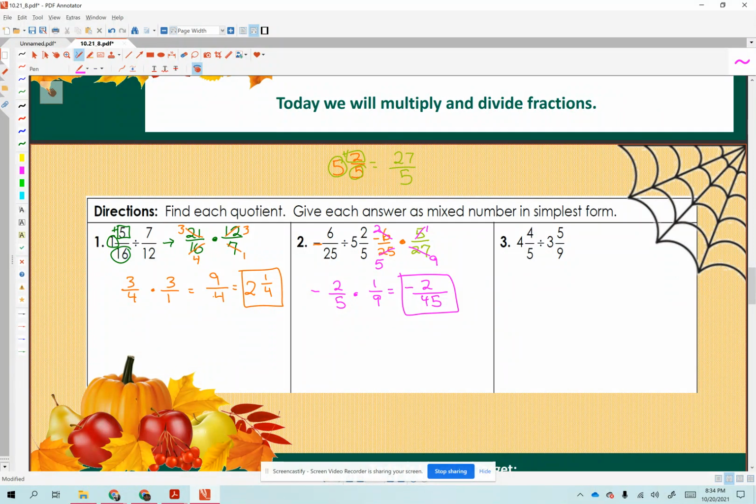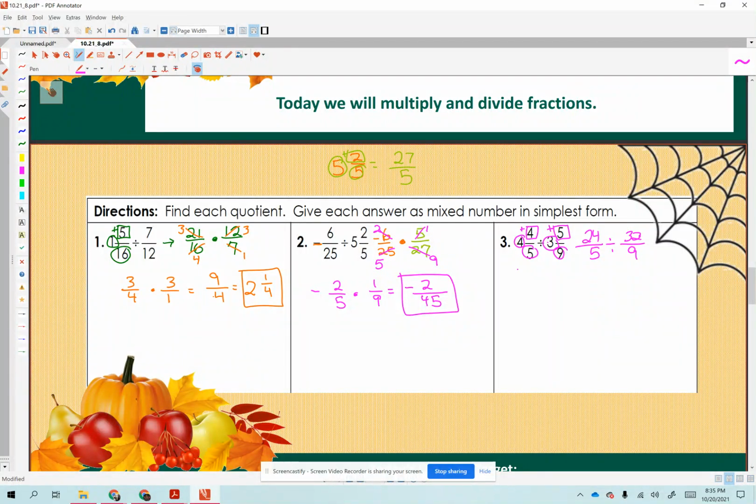So for number 3, we'll first write the improper fractions. 5 times 4 is 20, plus 4 more is 24. So that's 24 over 5 divided by 3 times 9 is 27, plus 5 more is 32/9.